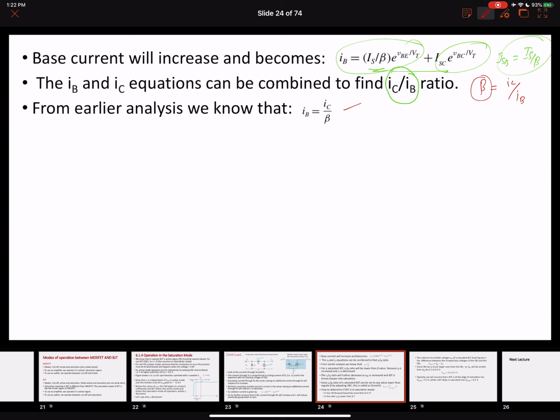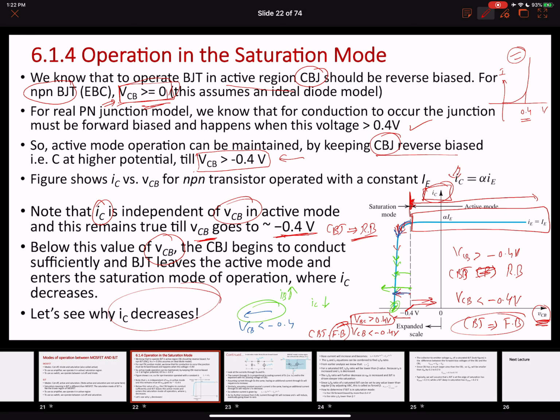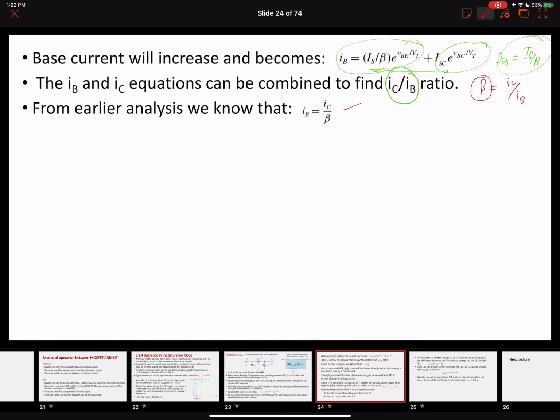Now, interestingly, we can see that as we are moving from the active region into the saturation region, as our VBC potential is increasing, our forward biasing potential is increasing, our IC is decreasing, IB is increasing, so our beta will reduce.